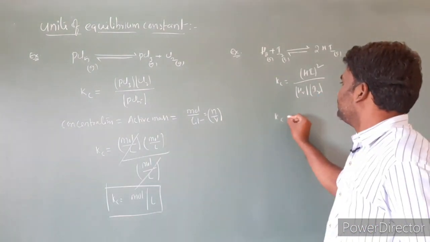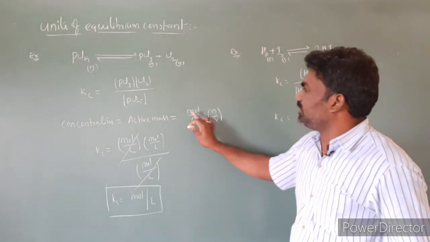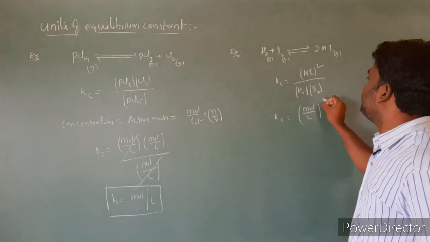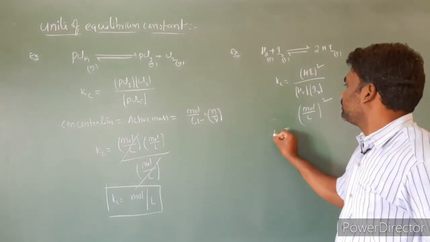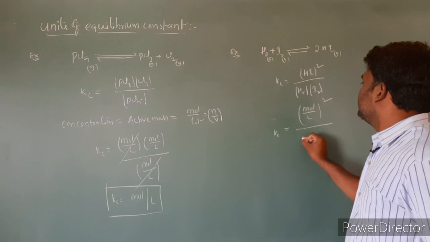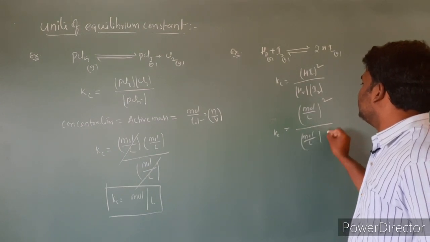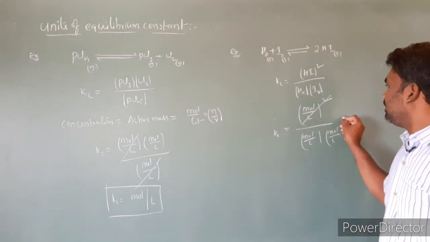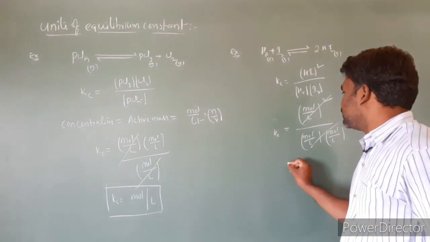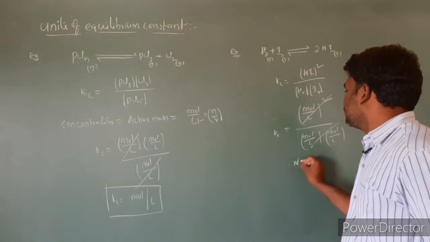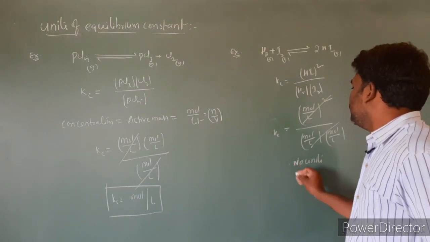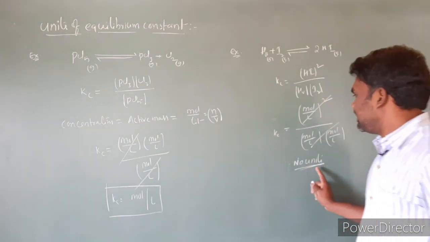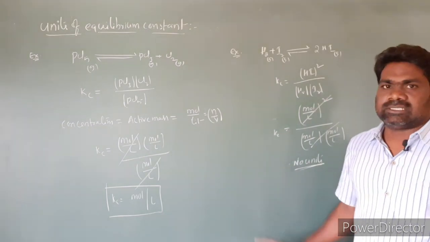HI concentration is nothing but mole per liter, power 2. The denominator is mole per liter and mole per liter, isn't it? So mole per liter all will get cancelled. Then Kc has no units, because all the units get cancelled. This is the second one.